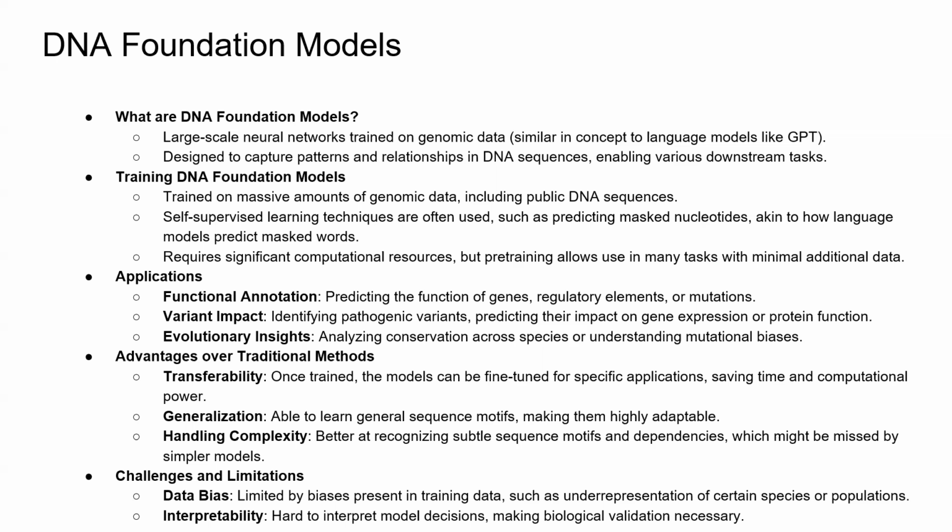And then these models are very general, right? They're just able to predict what a likely DNA sequence would be, and they're able to do that through the internal representation that they have of the DNA sequence. And the hope is that if we take that internal representation, it has a lot of information in it, right?